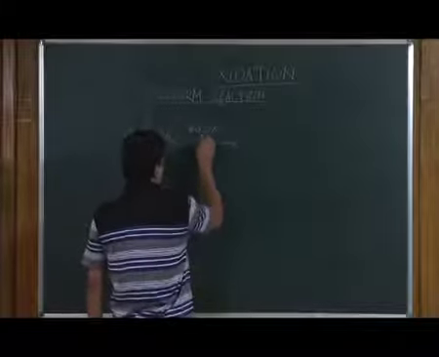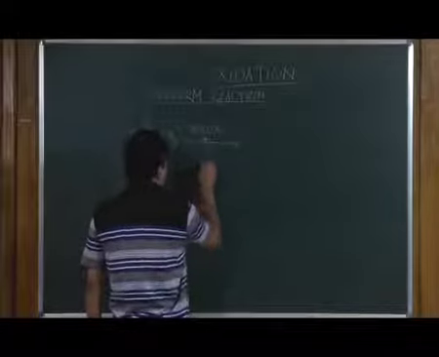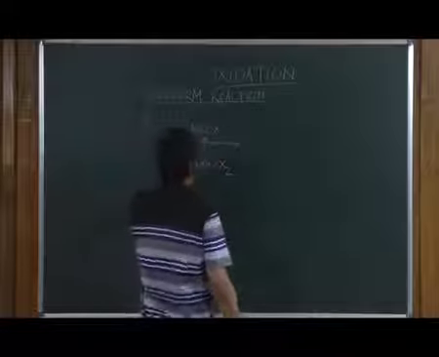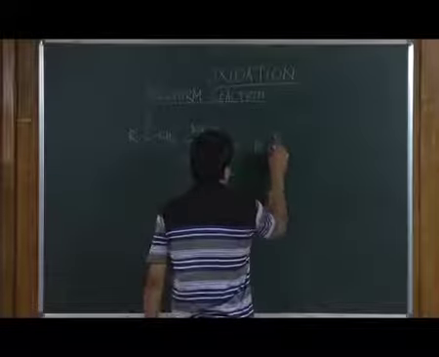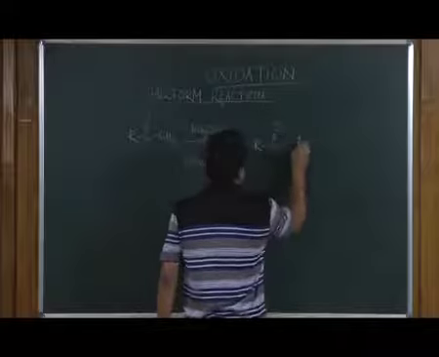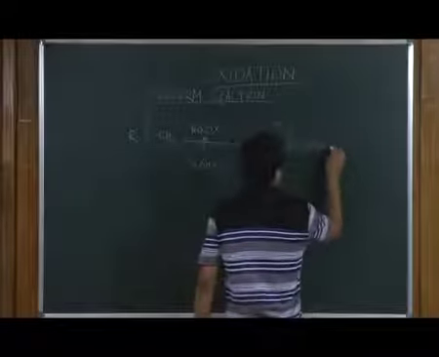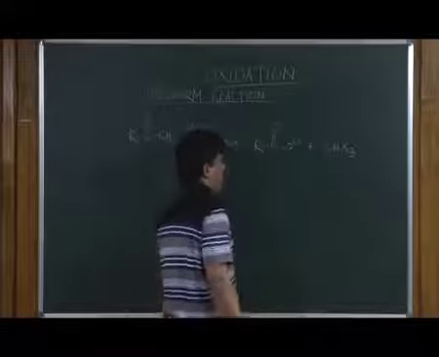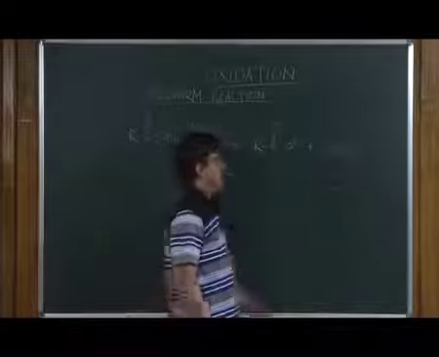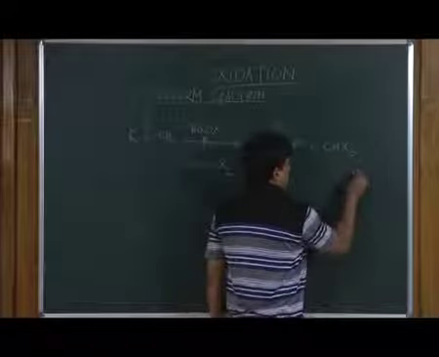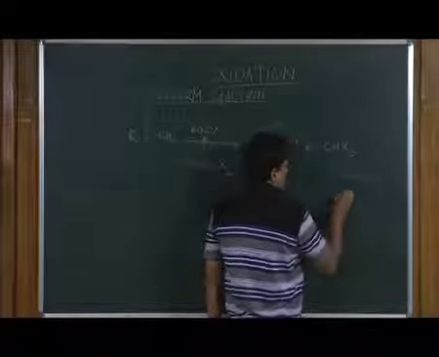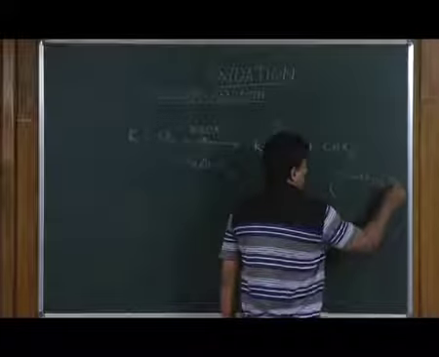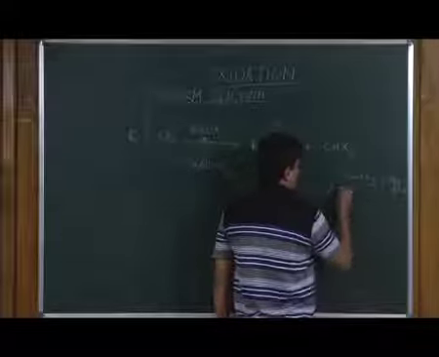Sodium hypohalite is generated by sodium hydroxide plus halogen. So, you get sodium hypohalite and then, if X is equal to iodine, you get CHI3, and this is called iodoform, and you get a yellow precipitate.